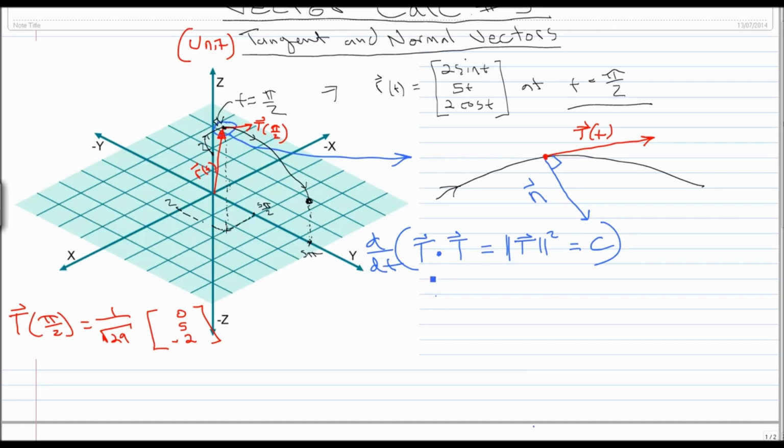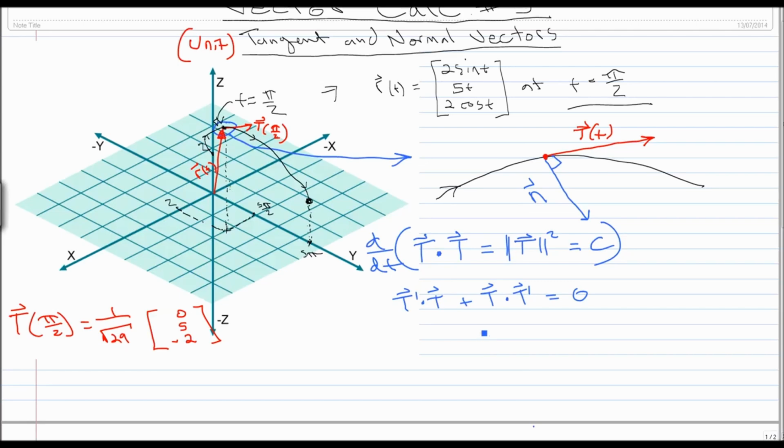One of the properties of the dot product is something similar to the product rule with normal derivatives. When I take the derivative of a dot product like this, I can take the derivative of the first vector, dot it with the second vector, and then add the first vector dotted with the derivative of the second, and the derivative of a constant is 0.